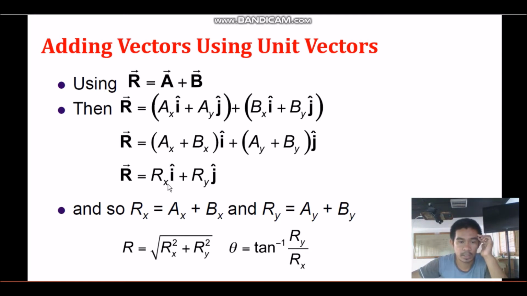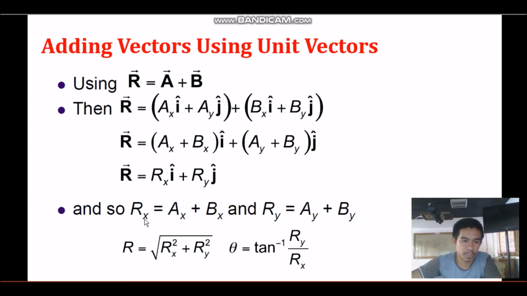So r of x is a of x plus b of x, and r of y, the y component of the resultant vector or the sum vector, will be a of y plus b of y. Since it is expressed in terms of unit vector components, vector r as the sum of vector a plus vector b will be r of x i hat plus r of y j hat. So this is for two-dimensional vectors.